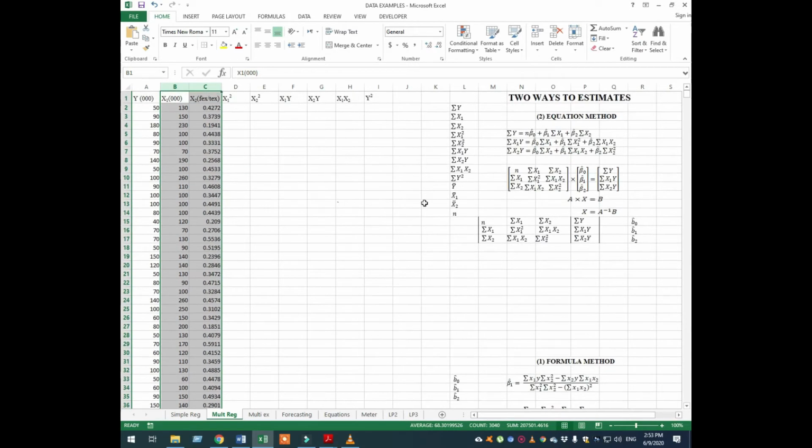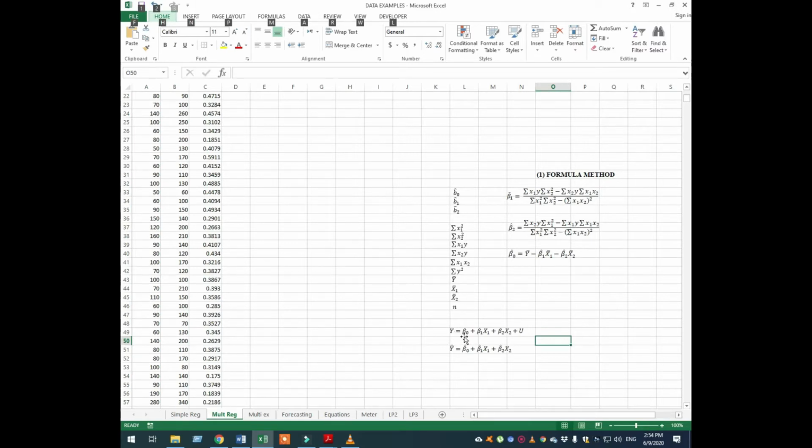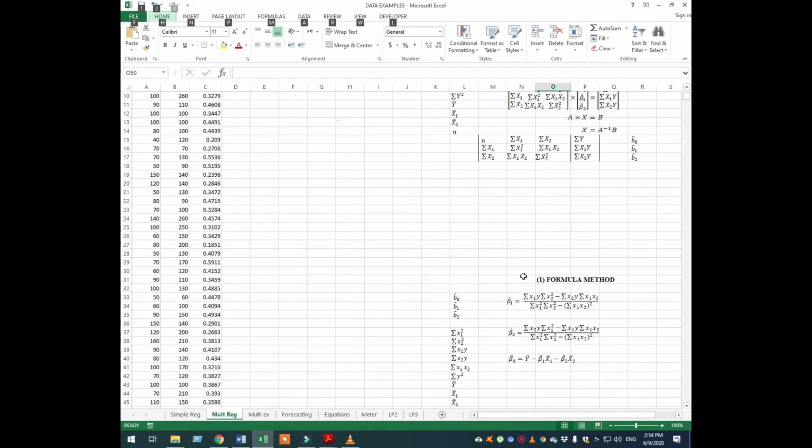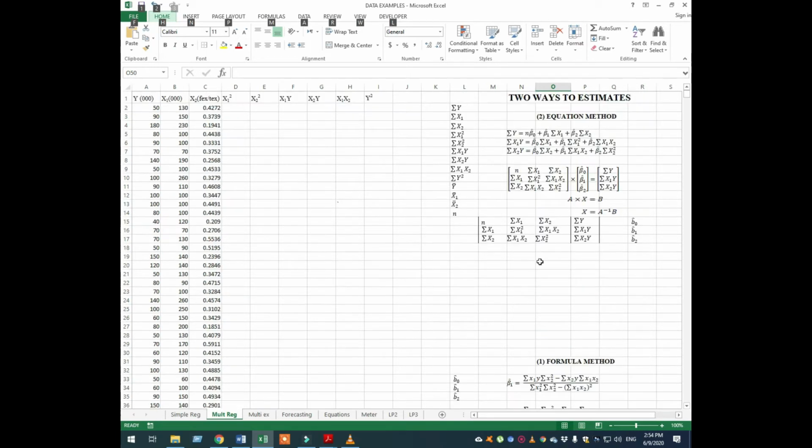If you remember, our multiple regression model was y is equal to b0 plus b1x1 plus b2x2 plus u, and the estimated form of this function was y cap is equal to b0 cap plus b1 cap x1 plus b2 cap x2. For this estimated form we need to estimate b0 cap, b1 cap and b2 cap, and for that calculation we have two processes: one was the equation method, another was the formula method.